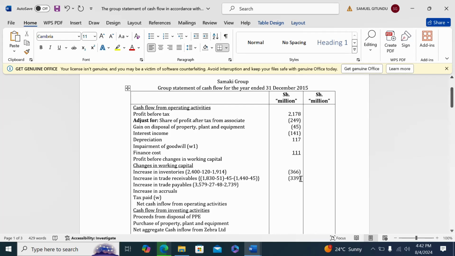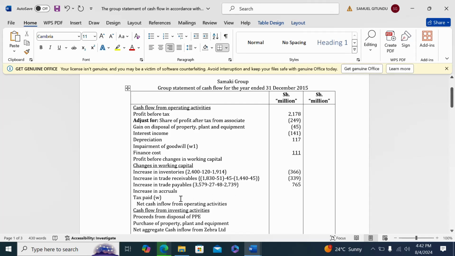So we get an increase of how much? 579 minus 27 minus 48 minus 2739. I'm getting an increase of 765. So increase in trade payables, that is a cash inflow.